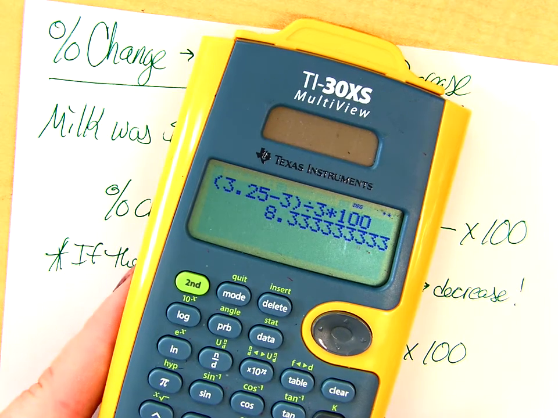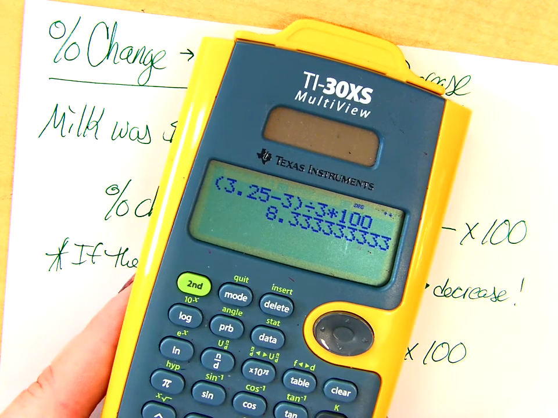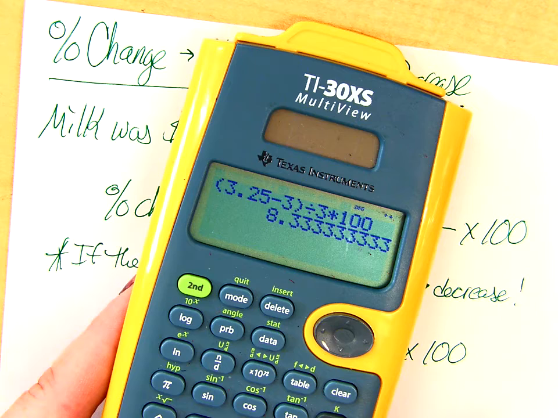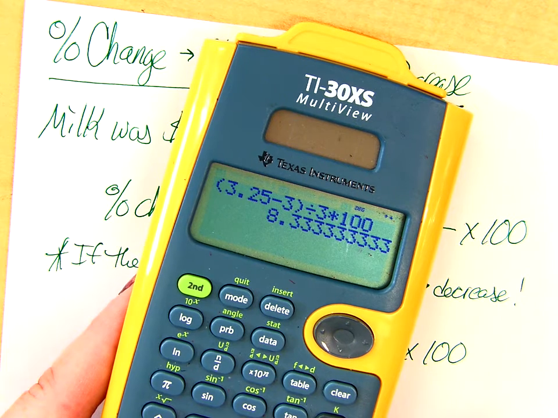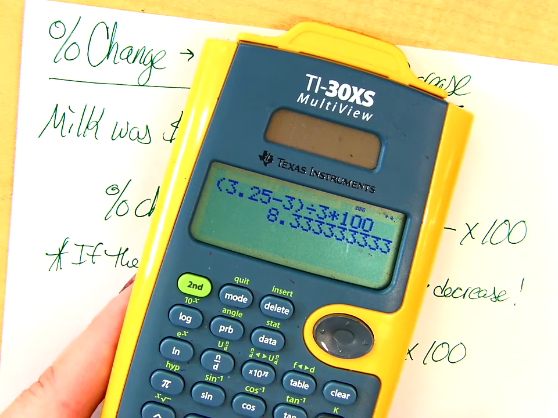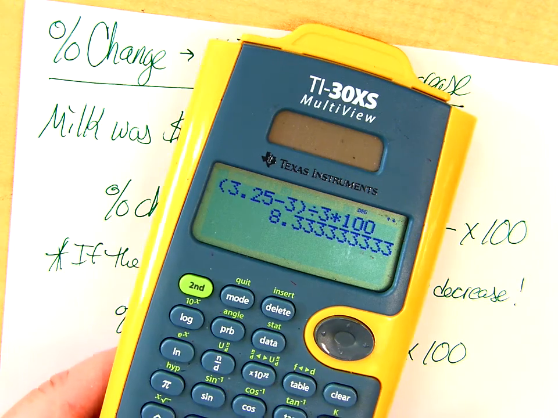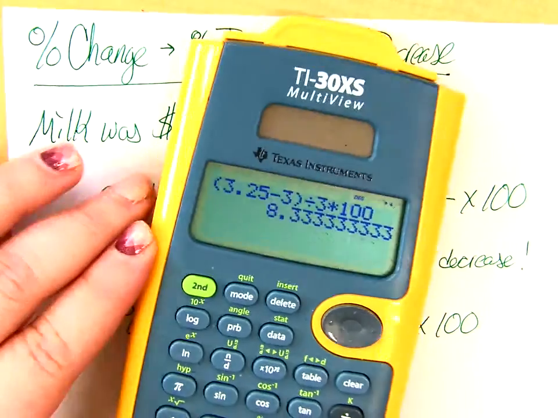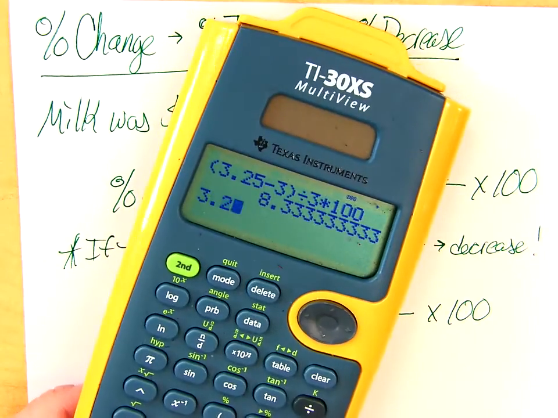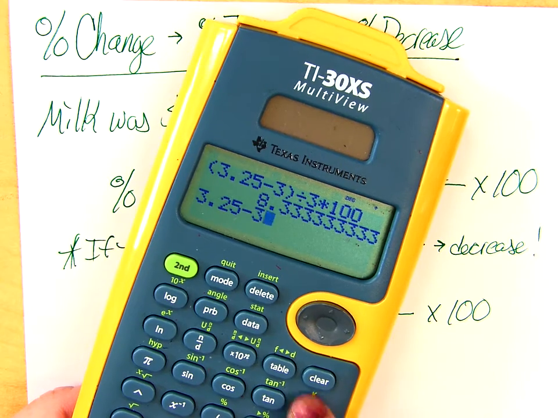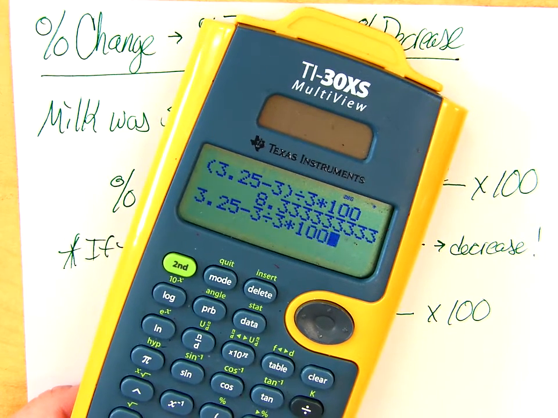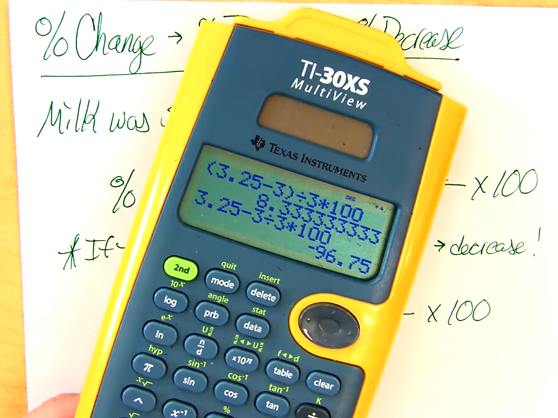So my milk had an 8.3% increase in price. Did you get the same thing I got? If you did not use parentheses, don't do this, but I'll show you what it comes out to be. It's not the same thing. Look, what the heck? What is that?